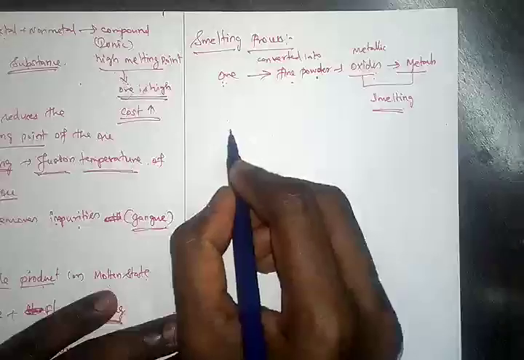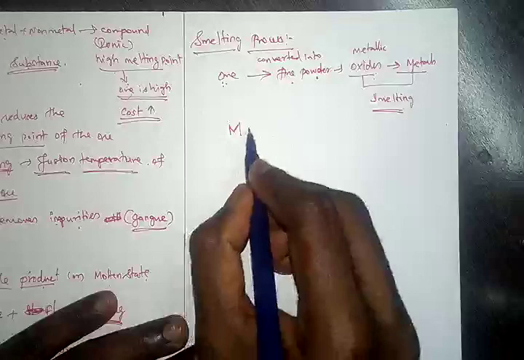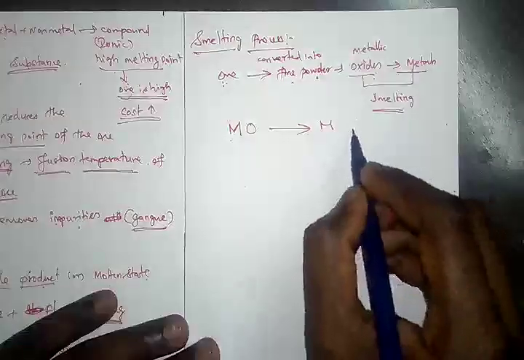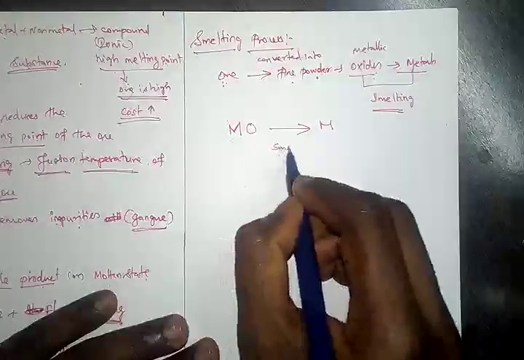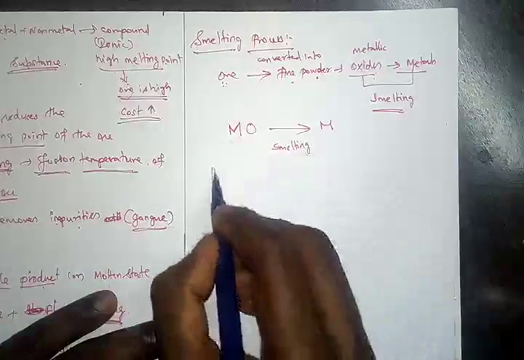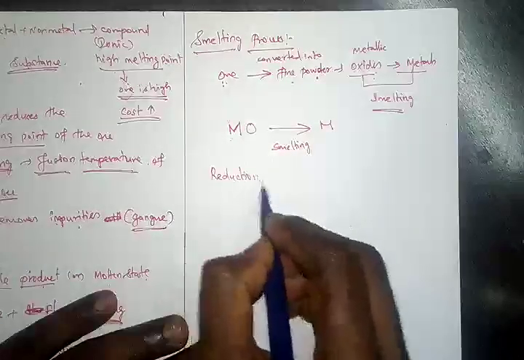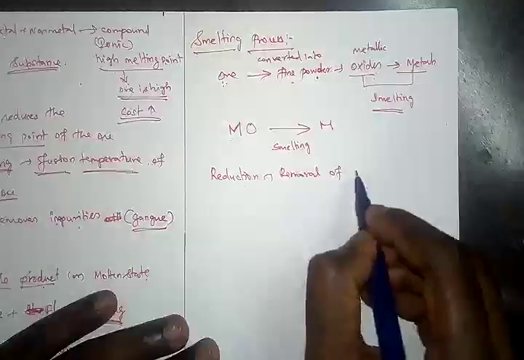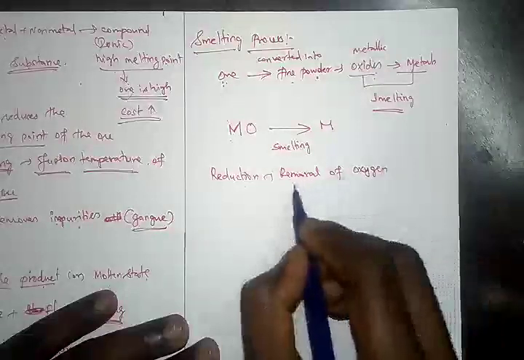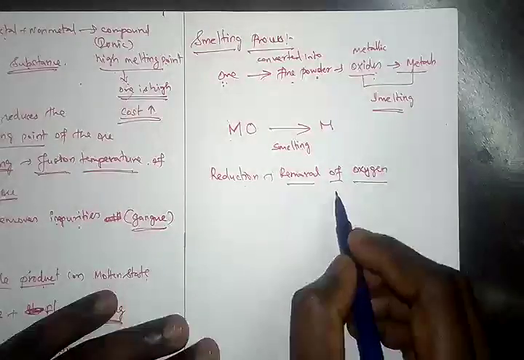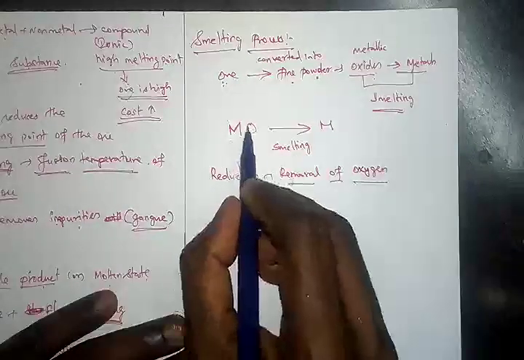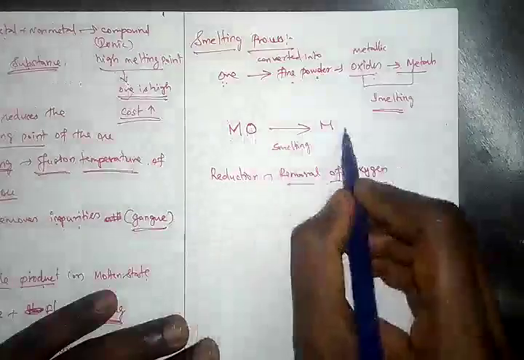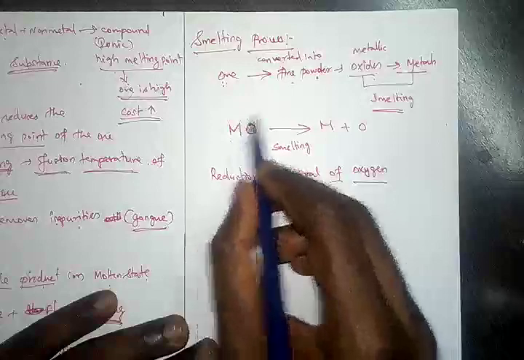Let us take an example. M is a metal, MO is a metal oxide. If you get metal, this process is called smelting. We know what we call reduction: removal of oxygen is called reduction. So here what actually happens is the oxygen is removed, so that we get the metal.